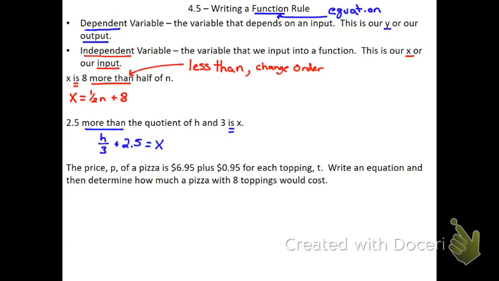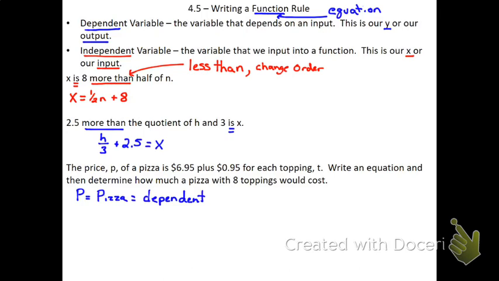So as we look at this, we need to get our variables straight. So our first variable is P, and that's going to equal pizza. It's also going to be the dependent variable, or output.